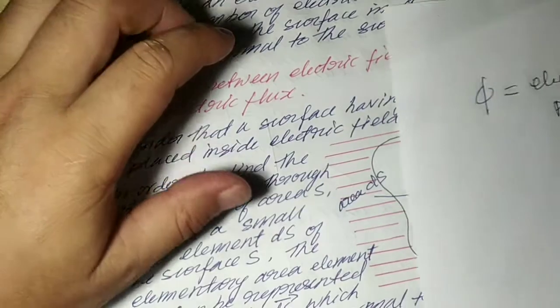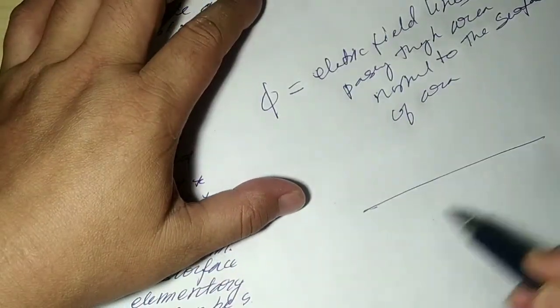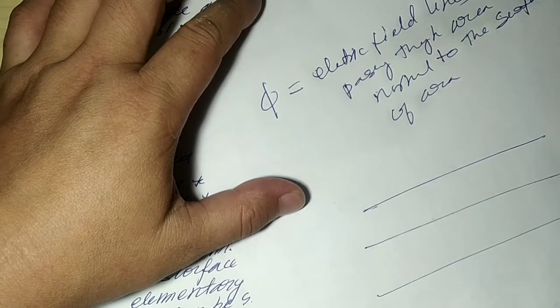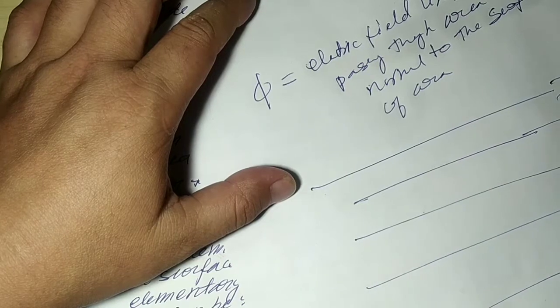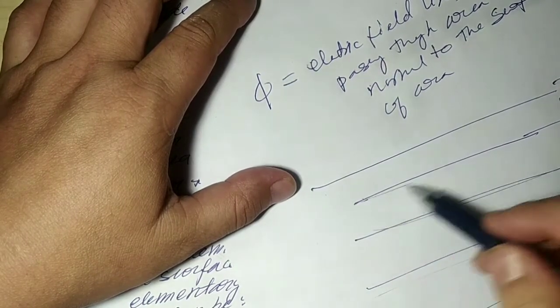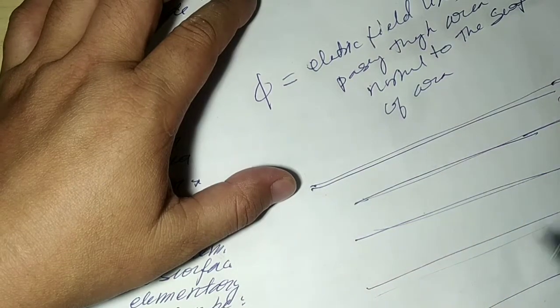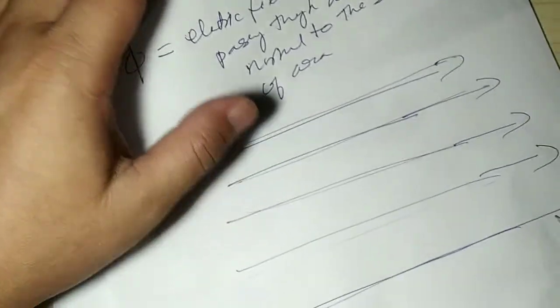So now consider an electric field. Okay, this is an electric field. These electric field lines do not exist. It is just a representation of electric field intensity.